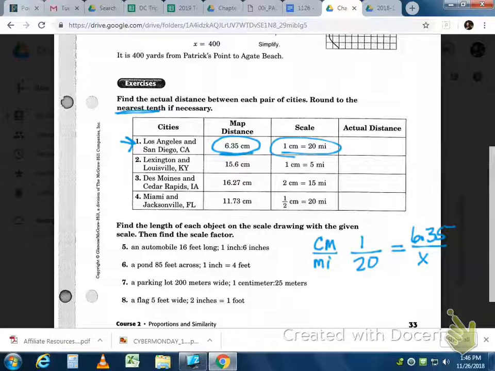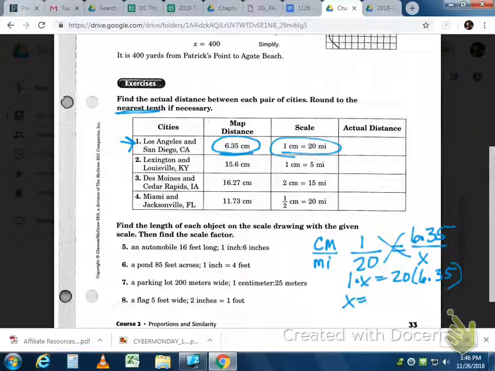So the bottom is what's missing, that's X. Once you get all 4 spots filled in, what do you do? Cross multiply. Cross, cross. 1 times X equals 20 times 6.35. Well, 1 times X is easy. What's the best way to write 1 times X? Just X. Very good.